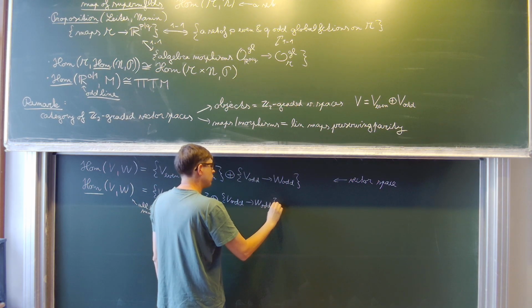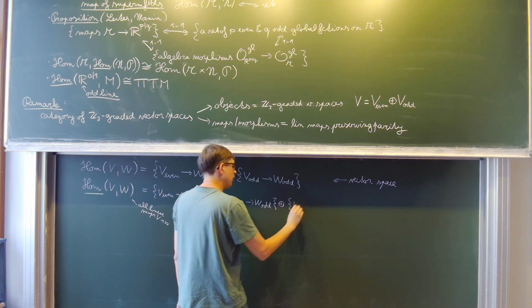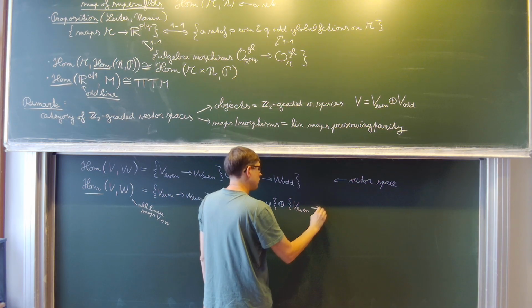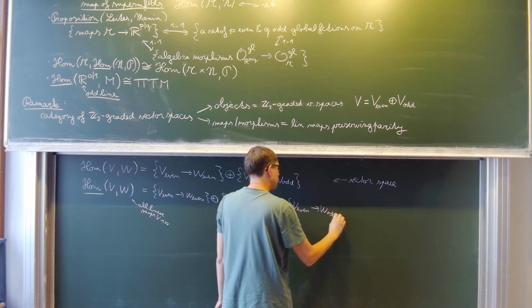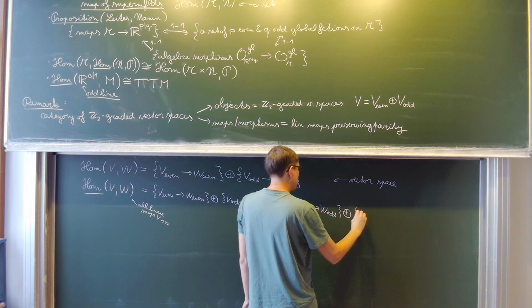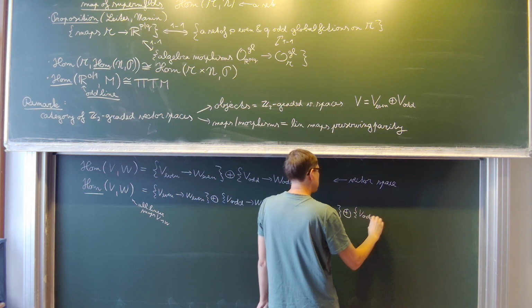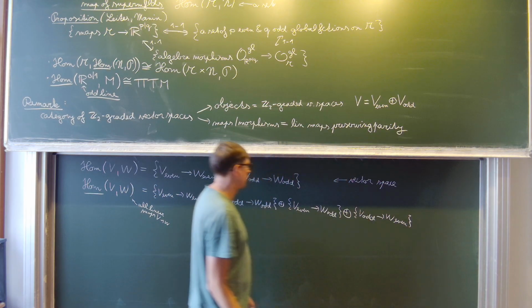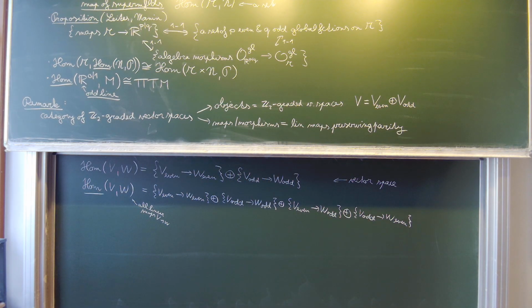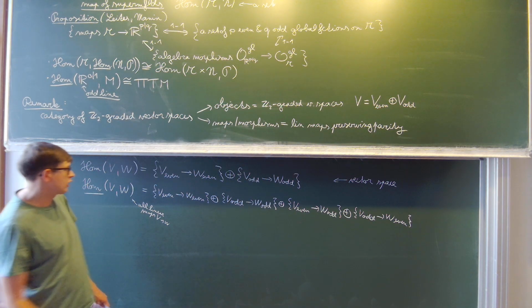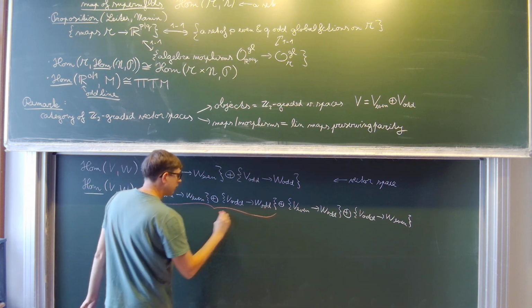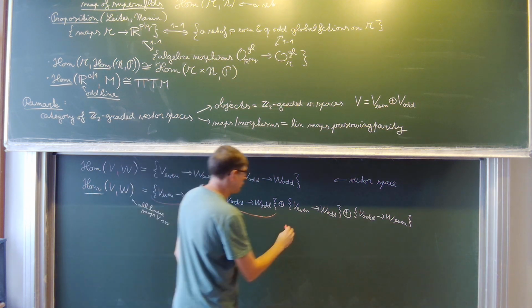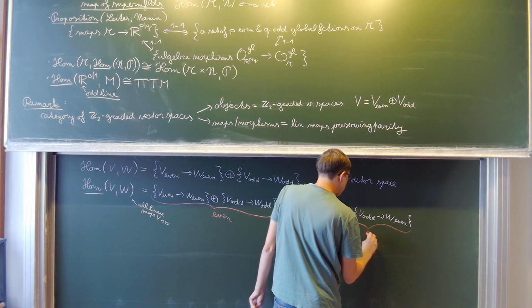But it will also have two more, because it will also allow you to go from even to odd, and from odd to even. And this thing is now naturally a supervector space again, where this thing here is the even part, and this thing here is the odd part of it.